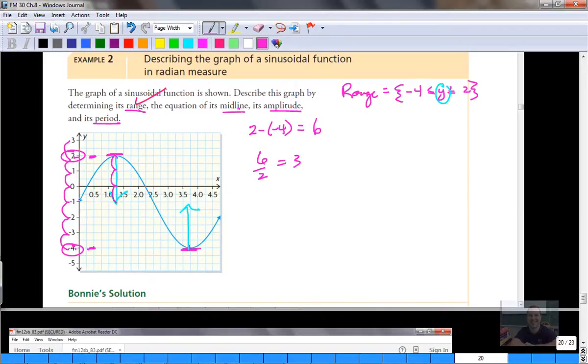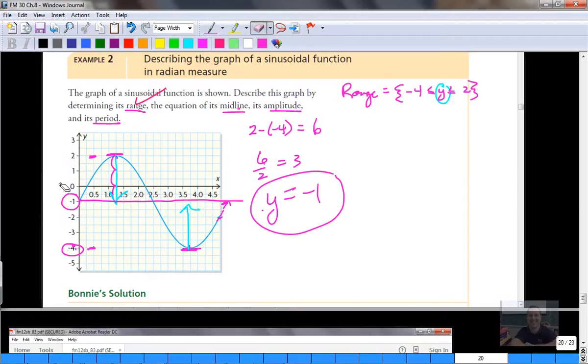Okay, and here is the equation of your midline. Now I know that doesn't maybe look like the midline because we can't see the rest of this graph, but if you could see that, then it would cut right through the middle. So the equation of the midline is y equals -1, because it passes through -1. Okay? That's the equation of the midline.